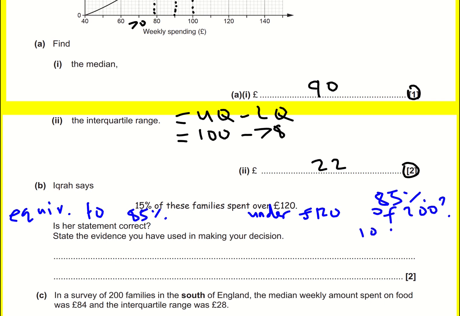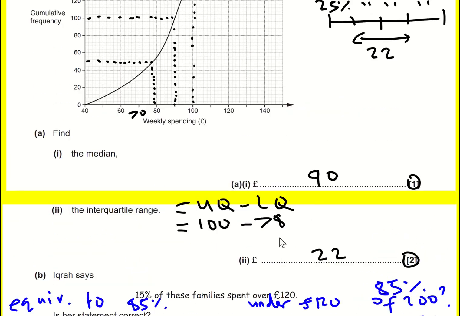Well, 10% is going to be 20. So that means that 80% is going to be 160. 5% is going to be 10. So 85% is going to be 170. So I'm going to work out what 15% of the families are spending over, essentially.